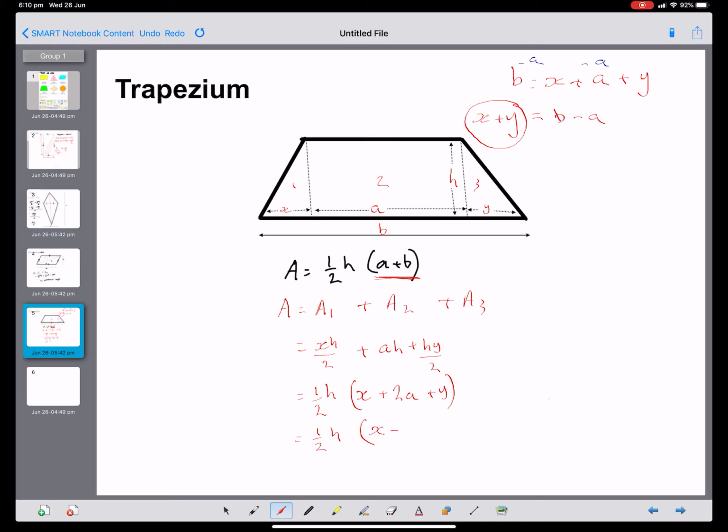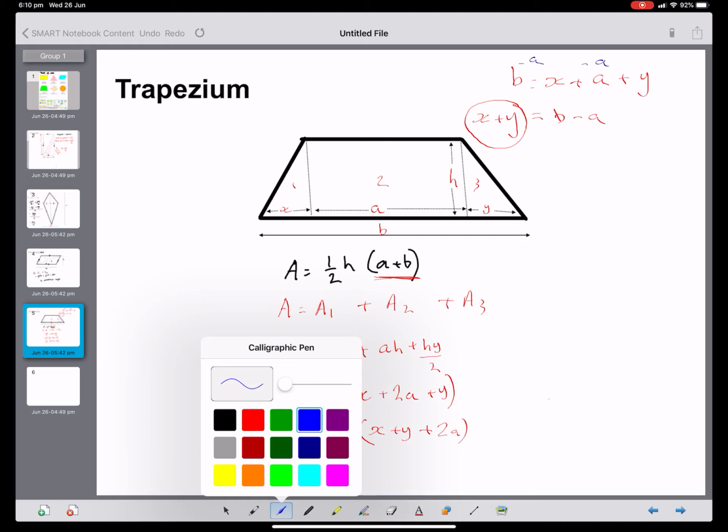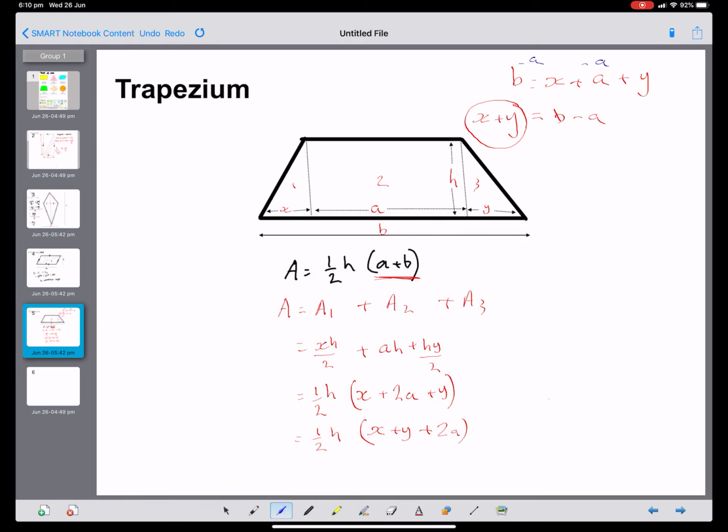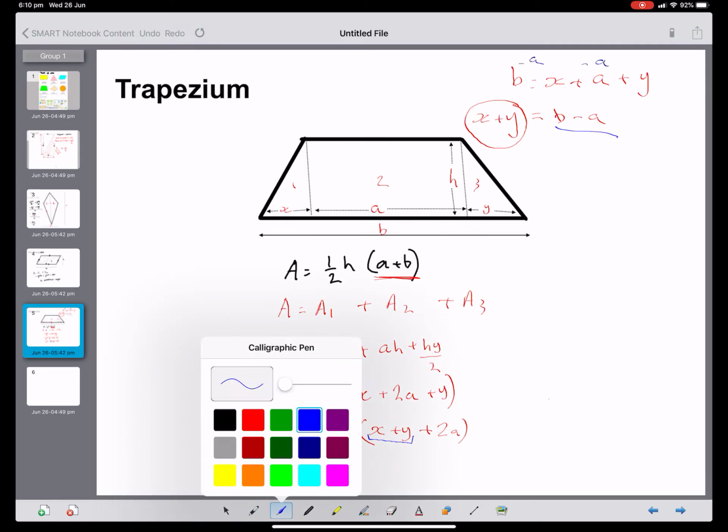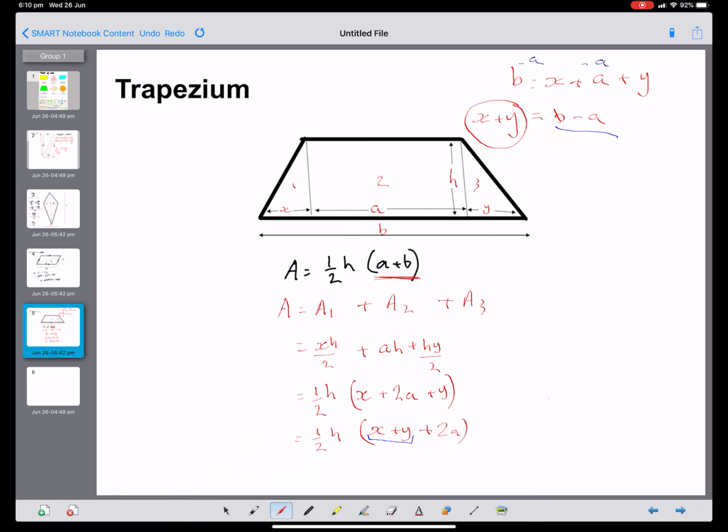We've got X plus Y plus 2A. Okay, I'm now going to replace the X plus Y with B minus A. So let's do that. Half H B minus A. And I've still got plus 2A.